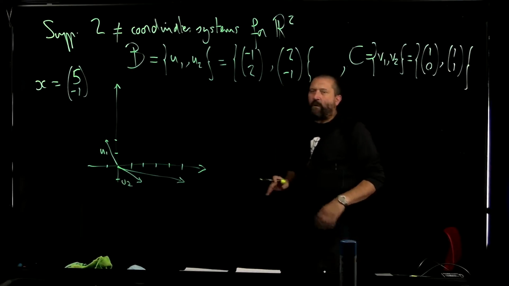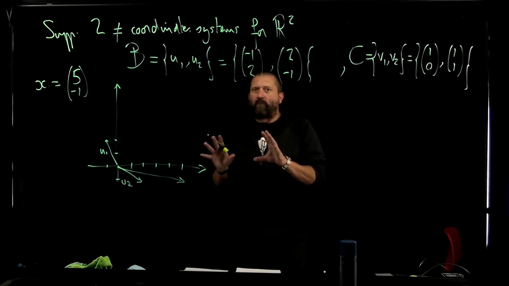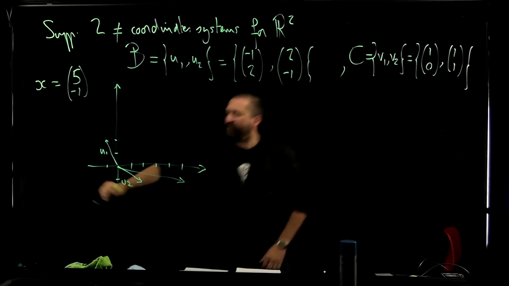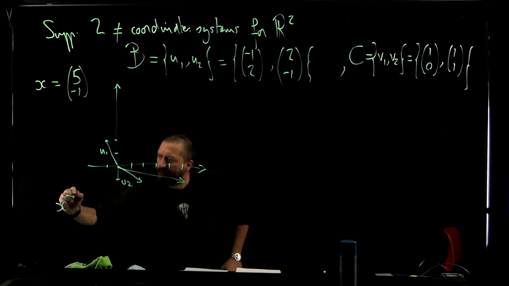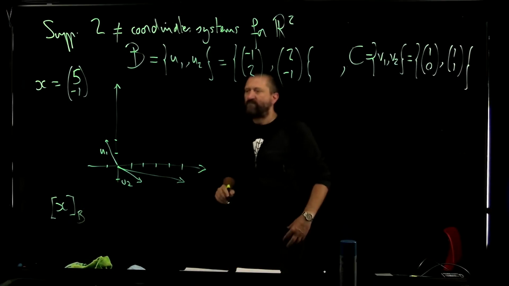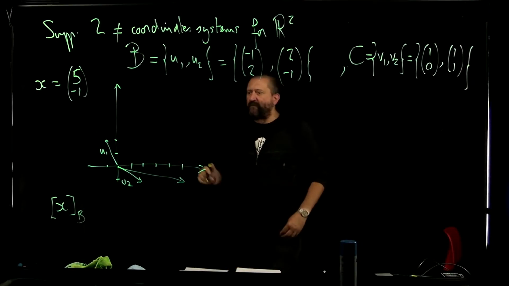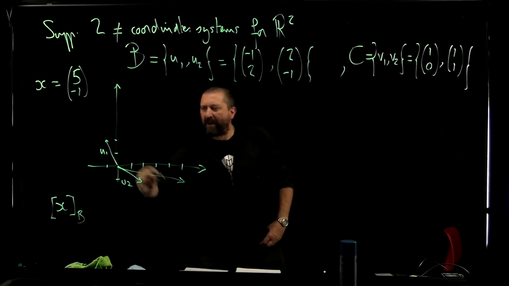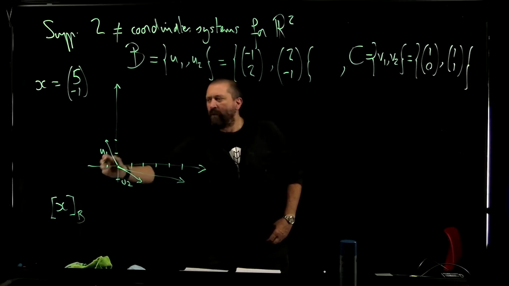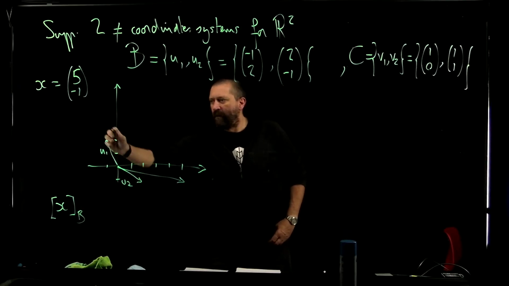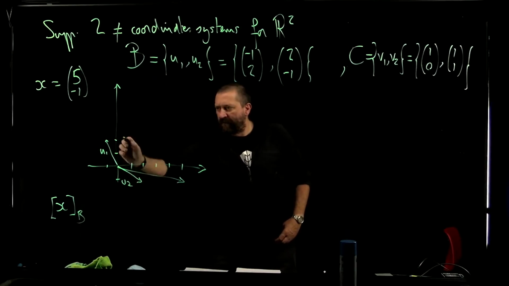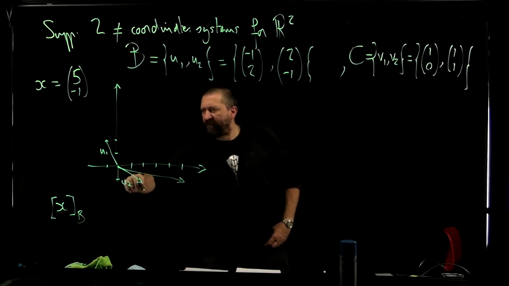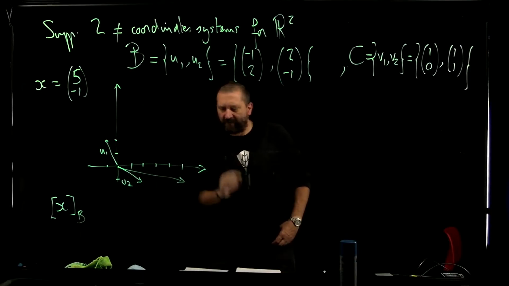Okay, so what we want to do is express, for instance, x in this coordinate system B. I'm not going to go into the details. What you would do is you look for lines that are parallel to u2, lines that are parallel to u1, and you check where this is.